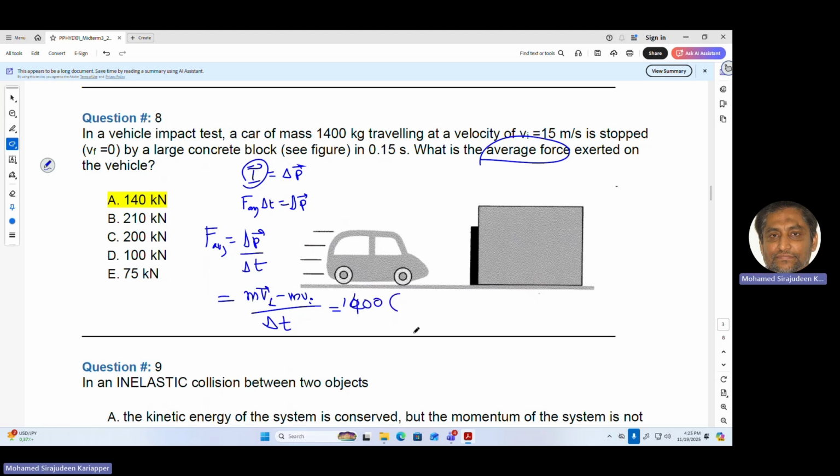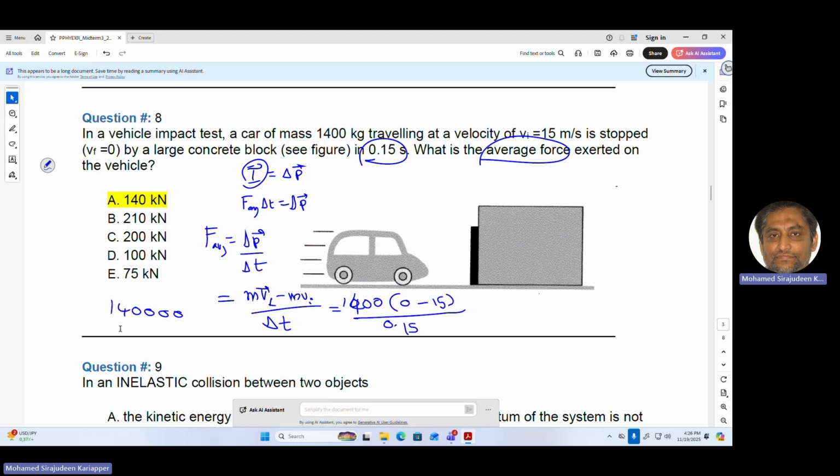And V final is 0. V initial is 15. And divide by the time it is in contact, which is 0.15 second only. So you can say this is 15, this is 0.15, that will be 10. 10 into 1,400 will be 14,000.